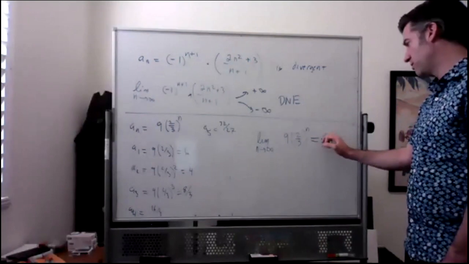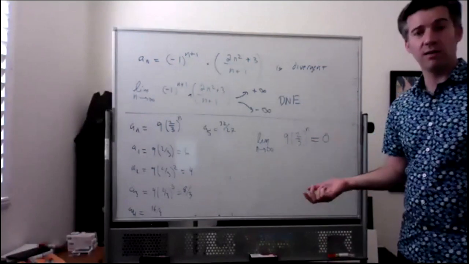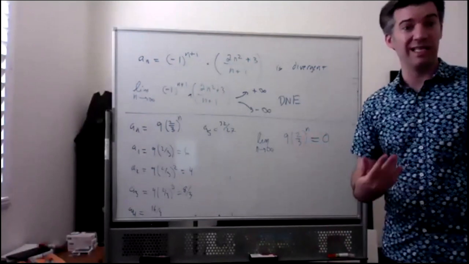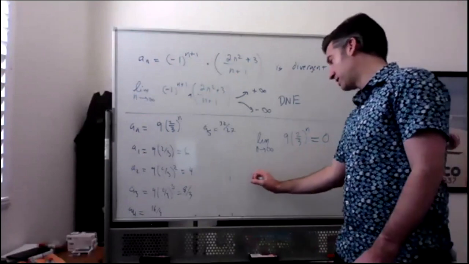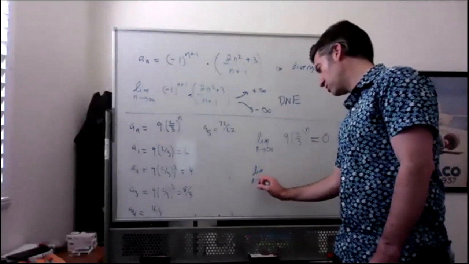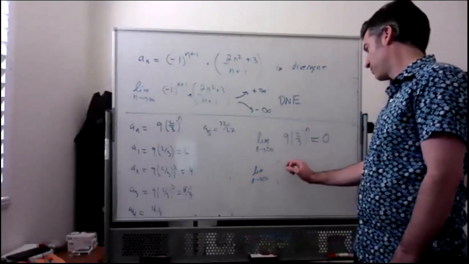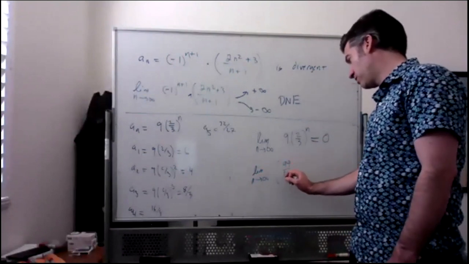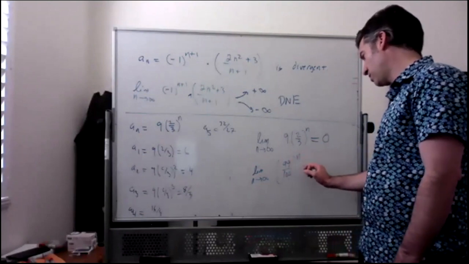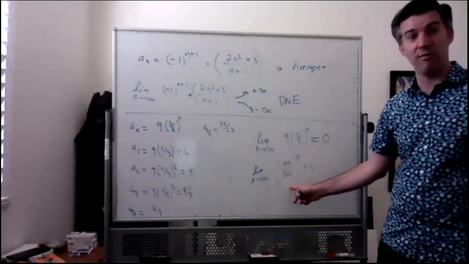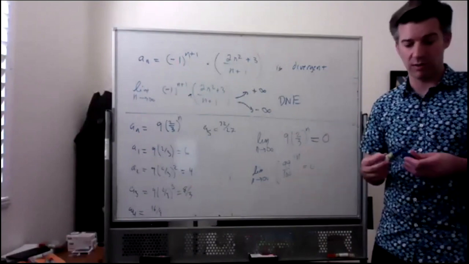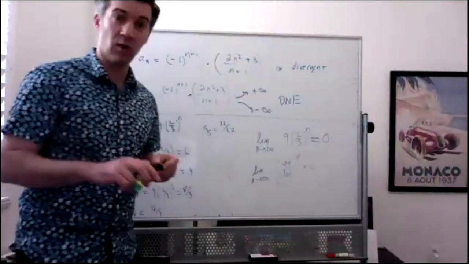Yep, sure is. And that's true for any number to a power if that number is less than 1. So the limit as n goes to infinity of 99 hundredths to the nth power is also 0. Because if you keep multiplying this number that's less than 1 by itself, it's always going to get smaller and smaller and smaller.